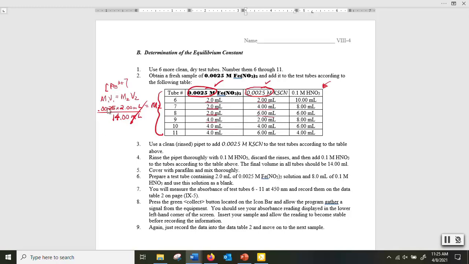That cancels and is going to give us our new molarity. So this is going to end up being molarity 2, which is equal to your Fe3+. This is going to be 3.57 times 10 to the minus 4th.